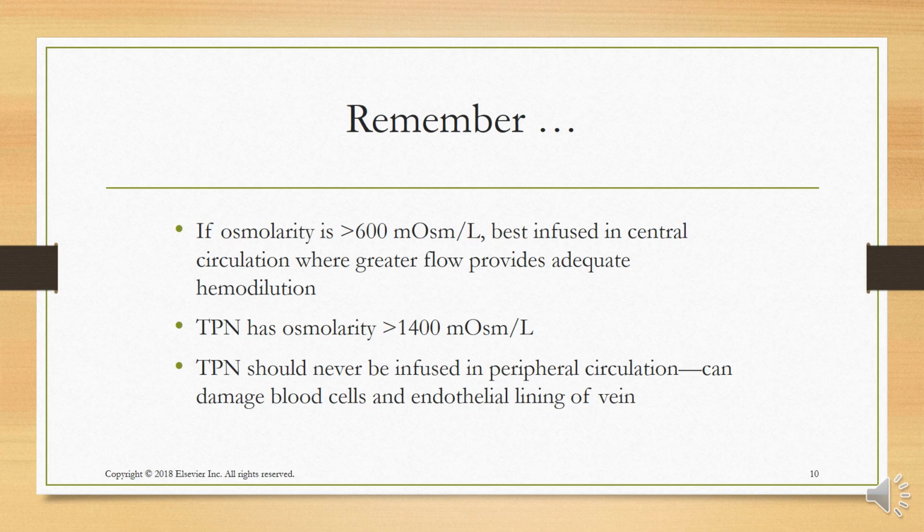TPN has an osmolarity of greater than 1400, so it really should always be put in a central line. It should never be infused into peripheral circulation. It can damage those blood cells and the endothelial lining of the vein. So TPN, total parenteral nutrition, has to go into a central line.